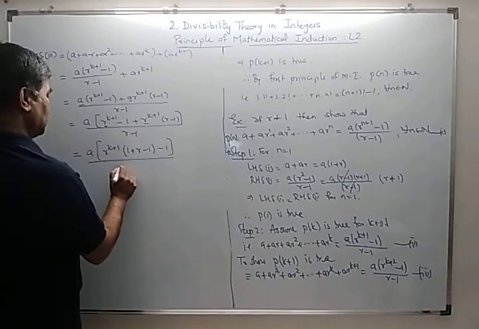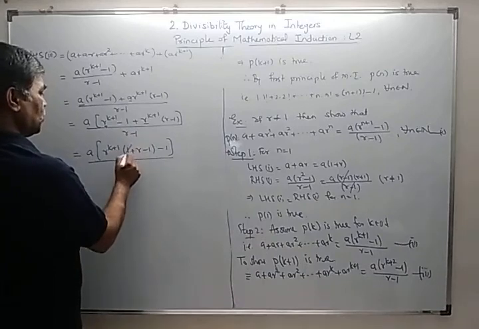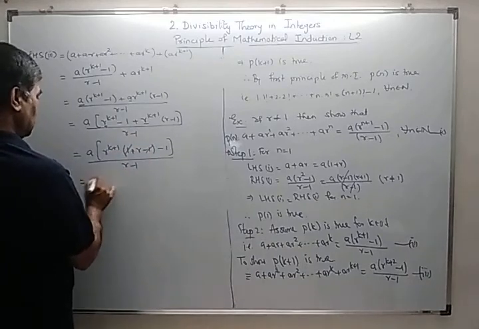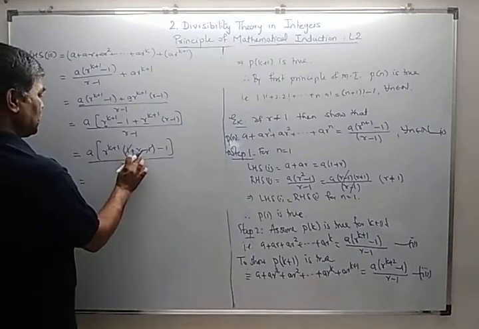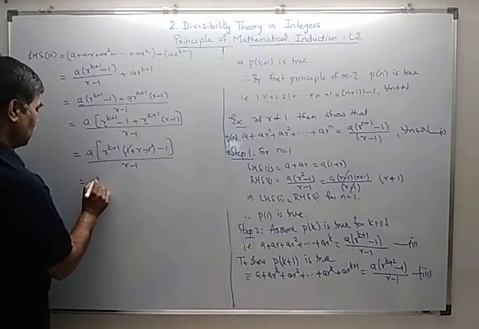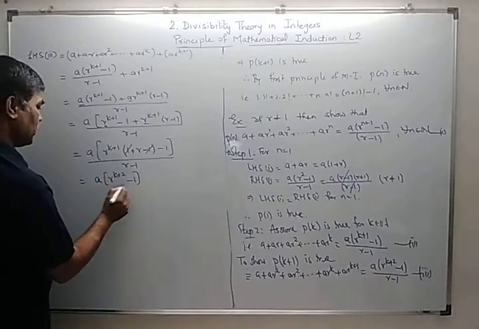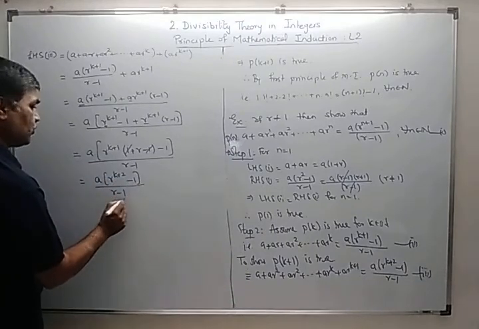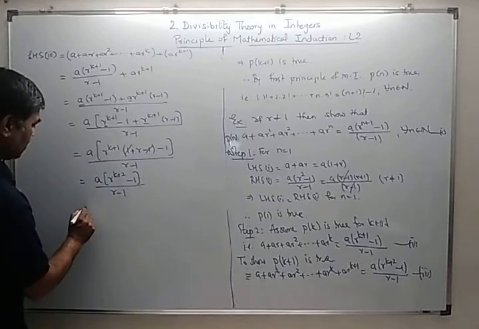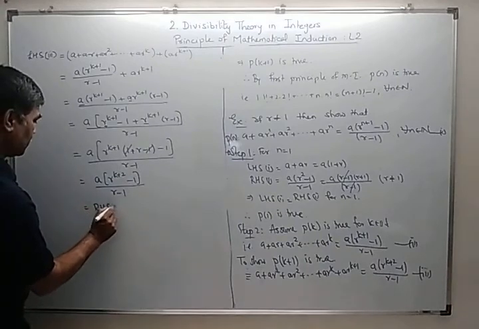This 1 gets cancelled. Then r raised to k plus 1 into r gives r raised to k plus 2 minus 1 upon r minus 1, which is precisely right hand side of 3.